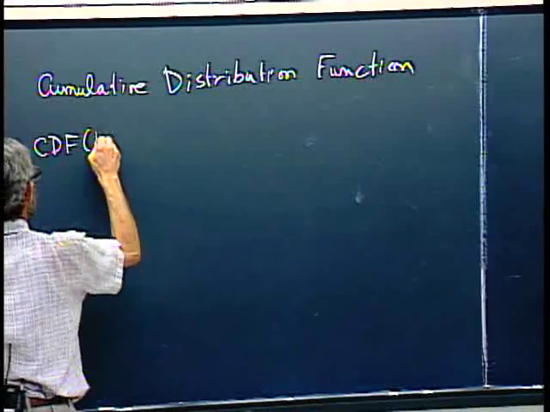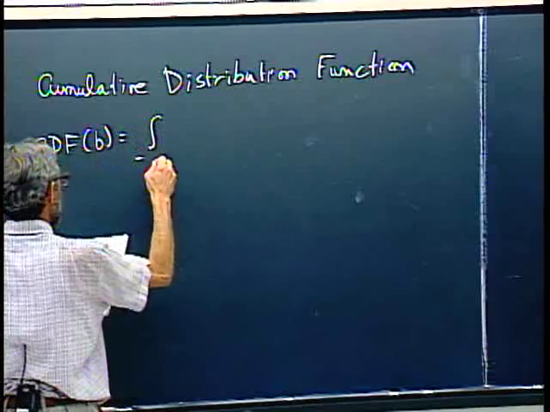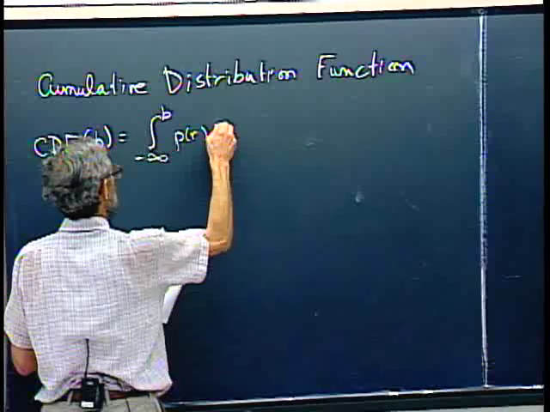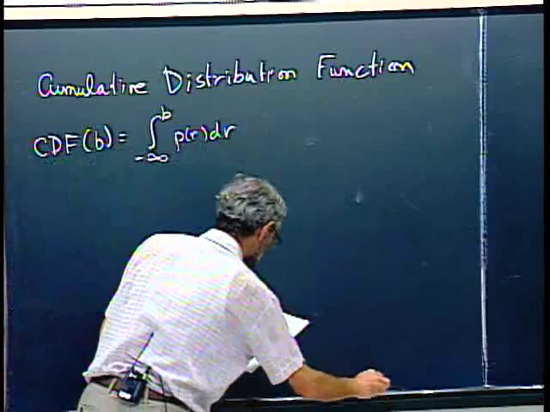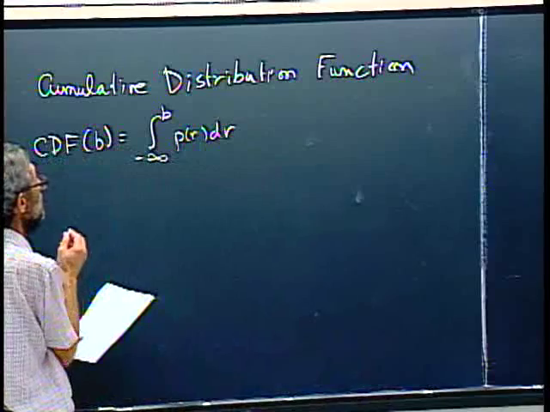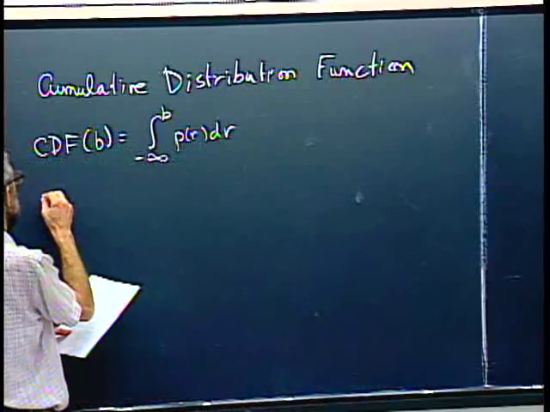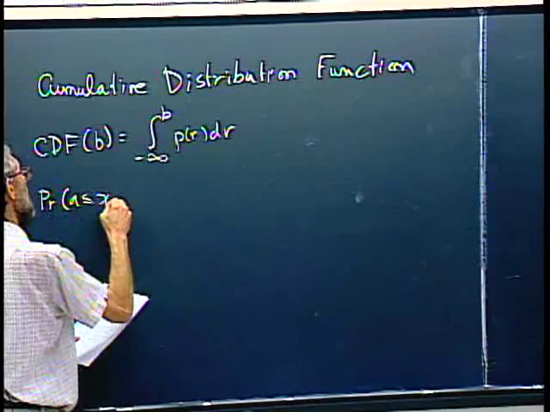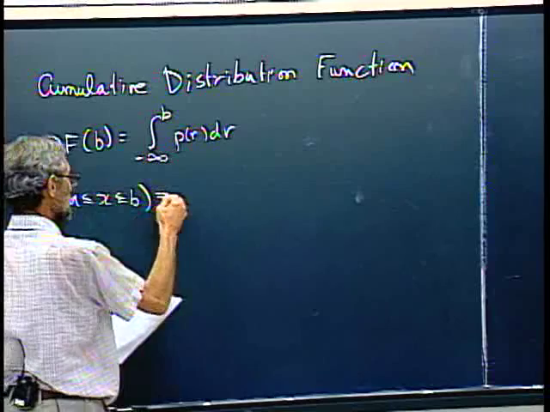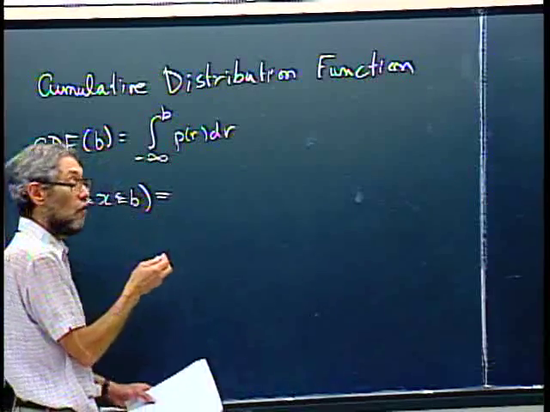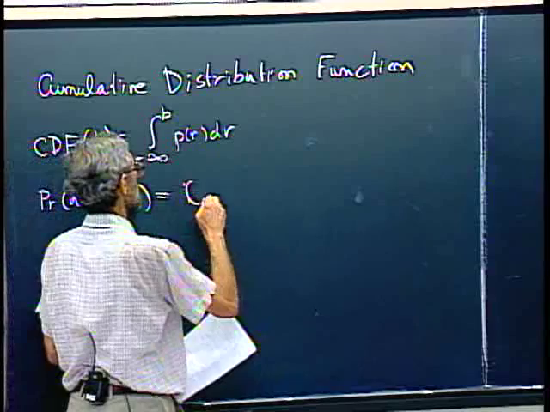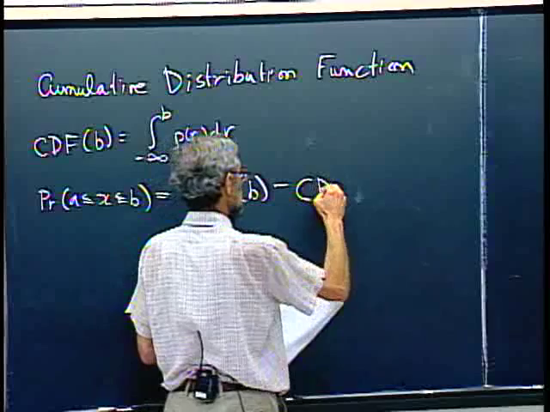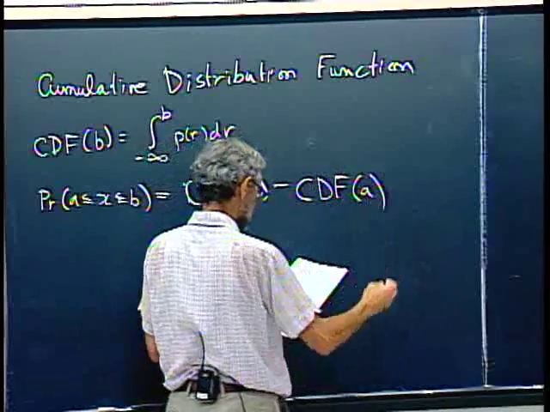CDF of some number b is the integral from minus infinity to b of the probability of r dr. And the usefulness of that is if you have that one cumulative distribution function, then you can have the probability that x is between a and b as just the difference: the cumulative distribution function of b, minus the cumulative distribution function of a.